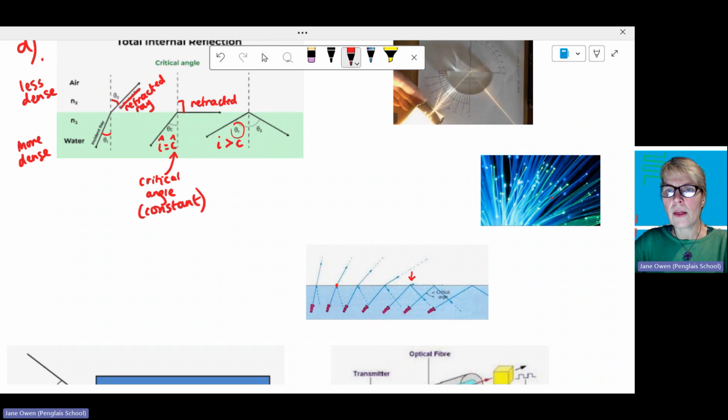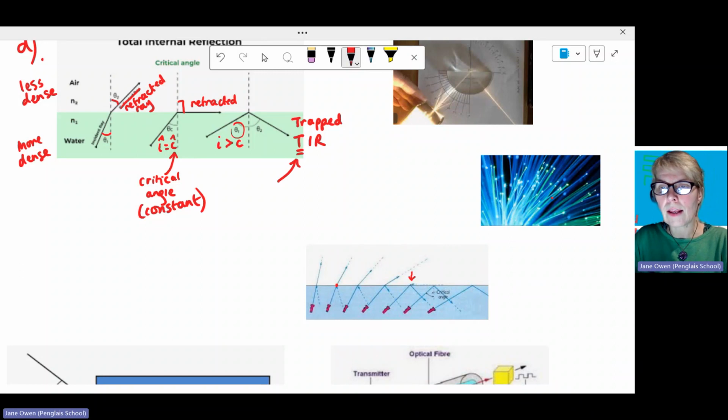And so therefore, when the incident angle is bigger, there's no room for the light to be refracted and expand into, because we know that when it goes into the less dense, it speeds up. In order to speed up, it bends away from the normal, but there's nowhere for it to do so, and so it gets trapped. And where it gets trapped, we get total internal reflection.